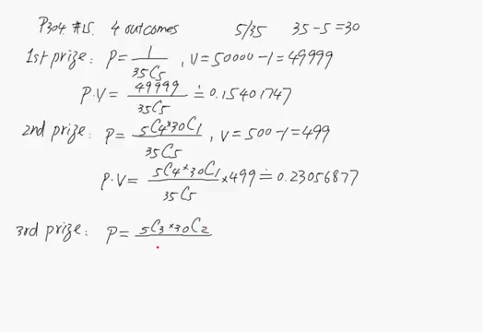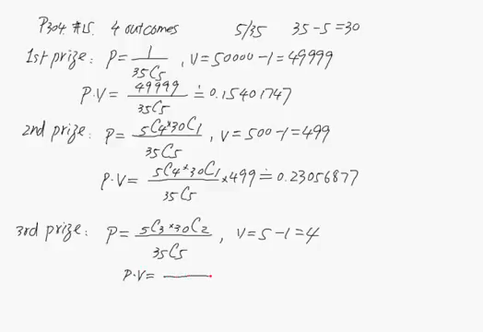Then divide this product by 35 C5. And also we know the value V for winning the third prize is the 5 minus 1, $4. Right. Now you multiply this to P times the V, and then you get the value.